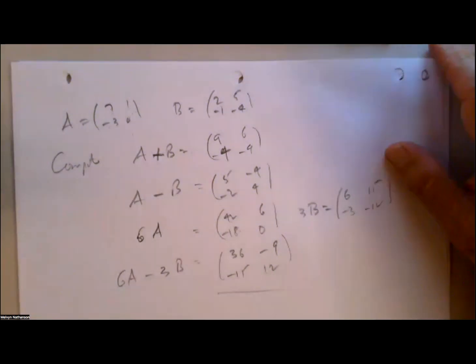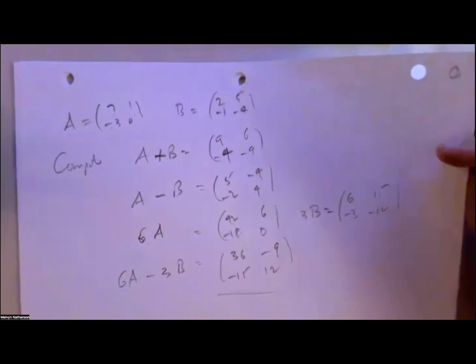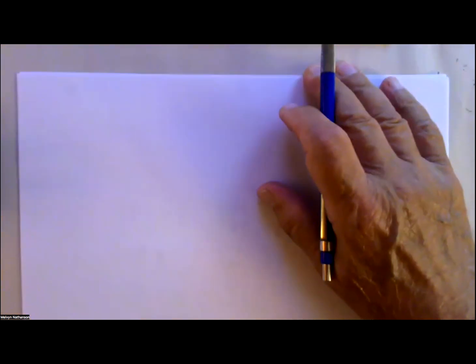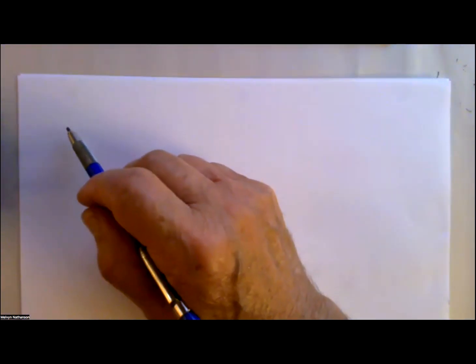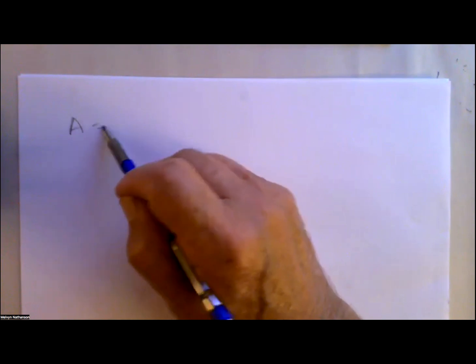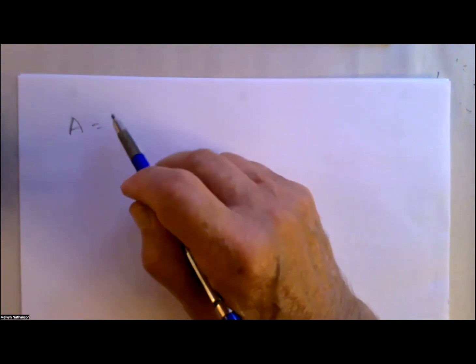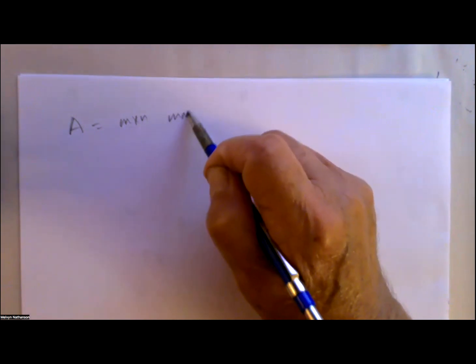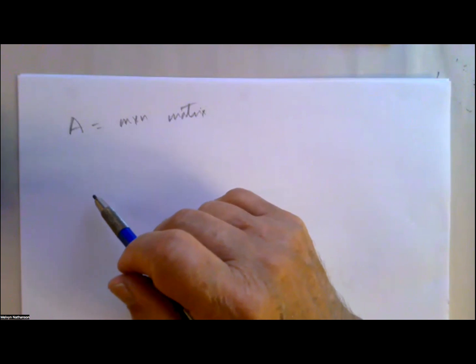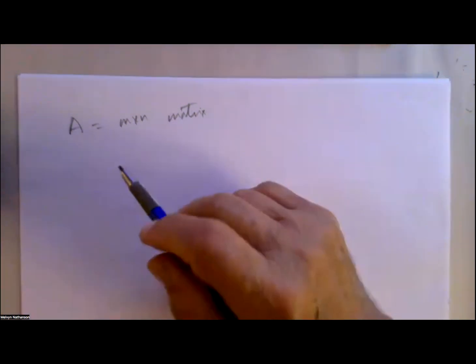Okay. So next, we talked about matrix multiplication. And matrix multiplication is a little bit trickier. So suppose A is an m by n matrix. Now, unless the matrices are square, you cannot multiply matrices that have the same shape.